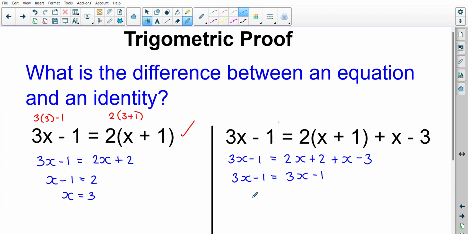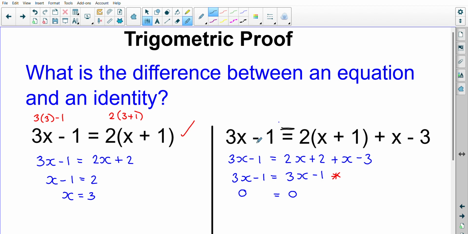Now if I take 3x from both sides, I get a 0, and if I add 1 to both sides, I get a 0. Well, I've lost my x value, and I'm no longer solving it. I got the same thing on both sides at this step. So this one is actually an identity. I need to add an extra line in here.